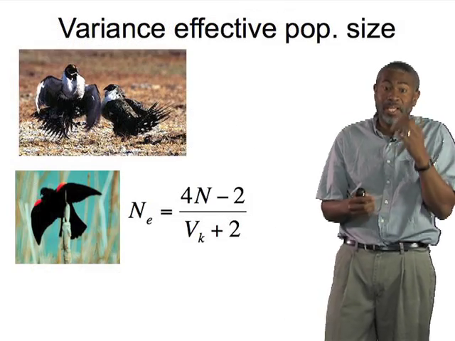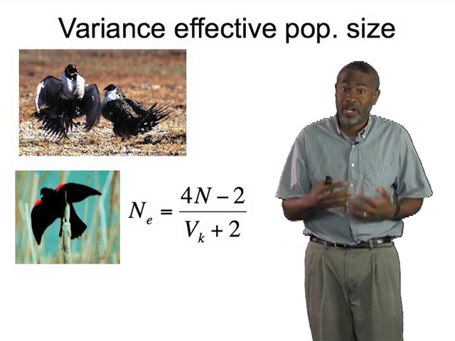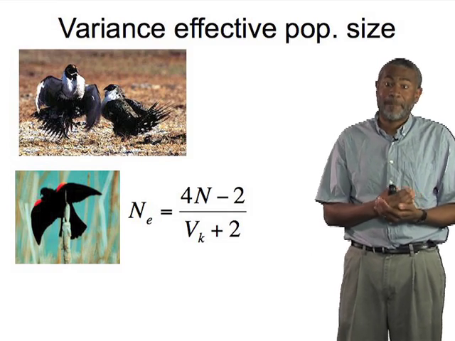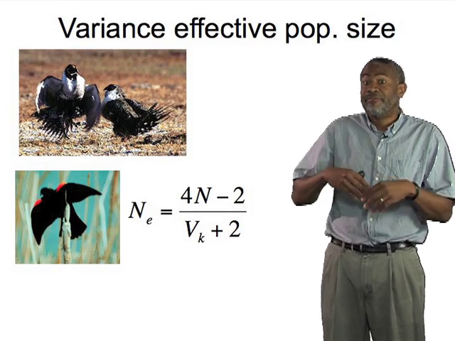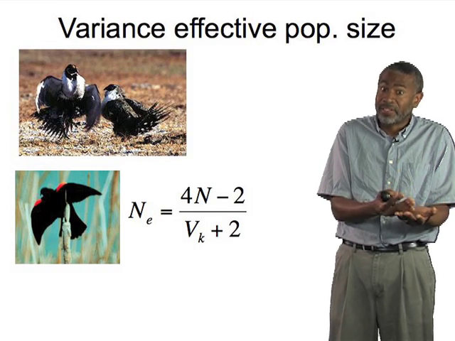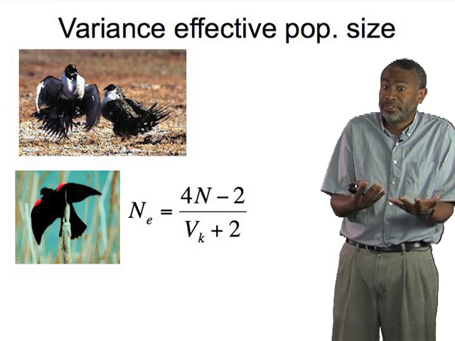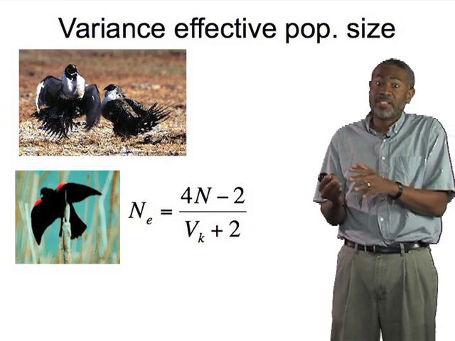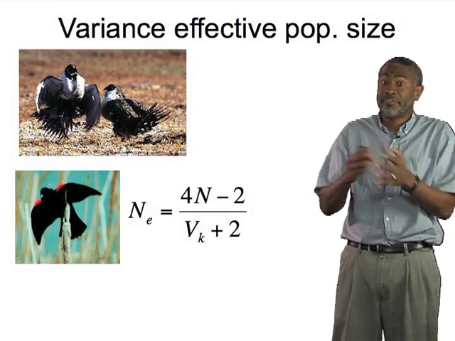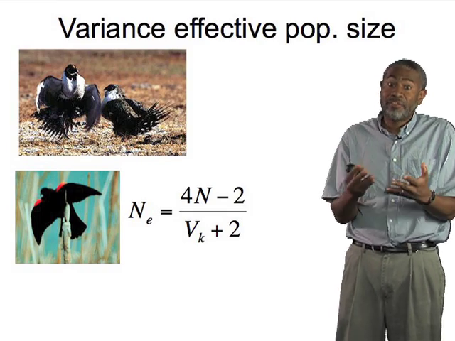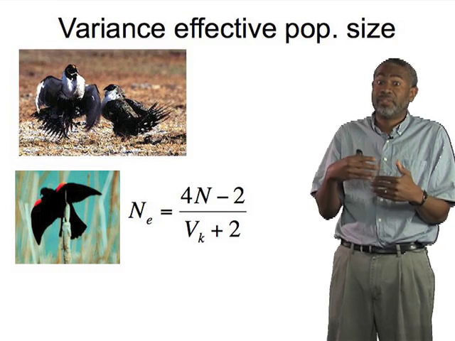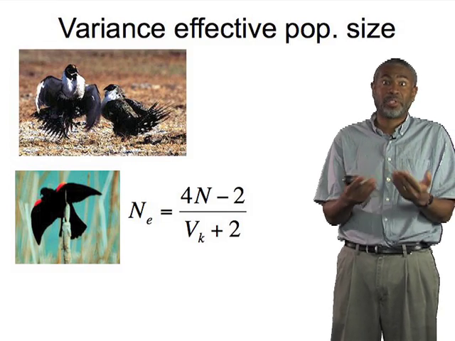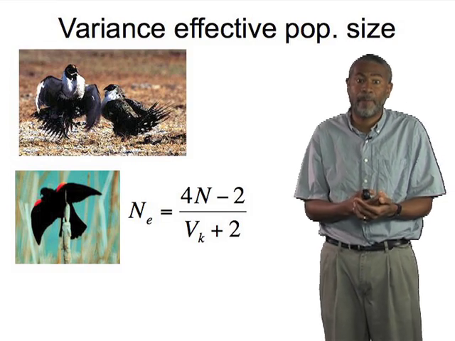Another example is what we call the variance effective population size. In this case, the variance in the number of matings of, say, males will cause the effective size to shift from the census size. This effective size is similar to the sex ratio effective population size that we saw 2 slides ago.